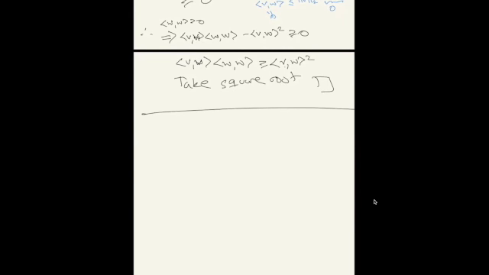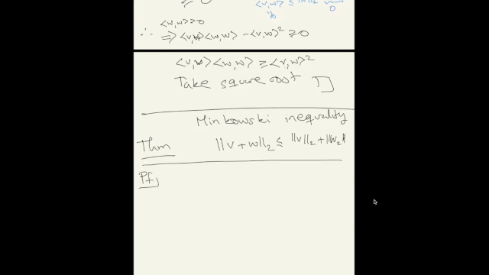Okay. Now, a corollary of this is the so-called Minkowski inequality. And that states essentially what we want for the triangle inequality, namely that the norm of V plus W is bounded from above by the norm of V plus the norm of W. So let's prove this.